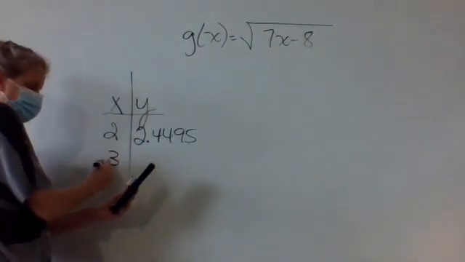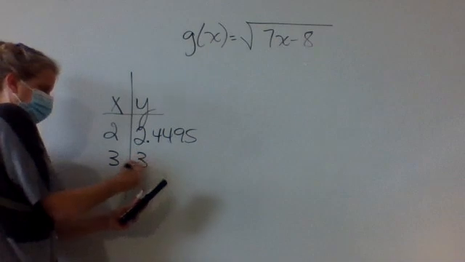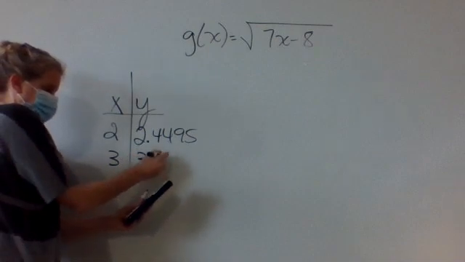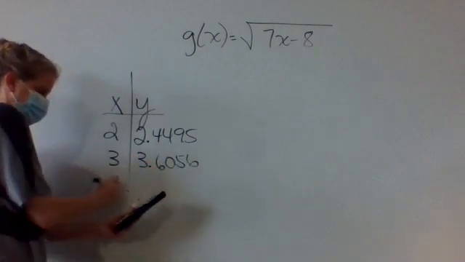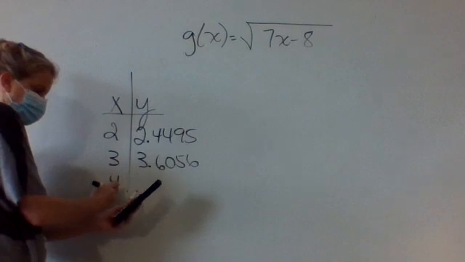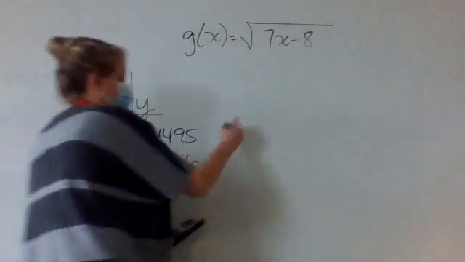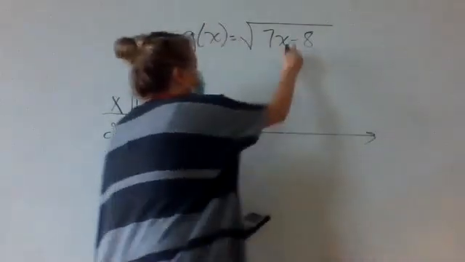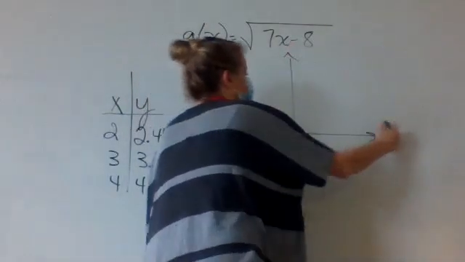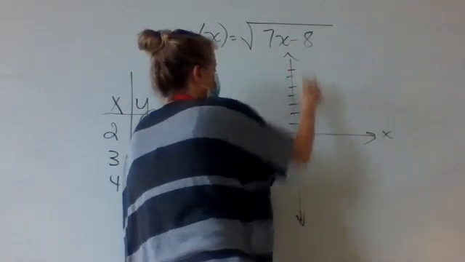3. And 4 would be at 4.4721. So again, these are obviously not going to be exact points, but it'll give you the shape.